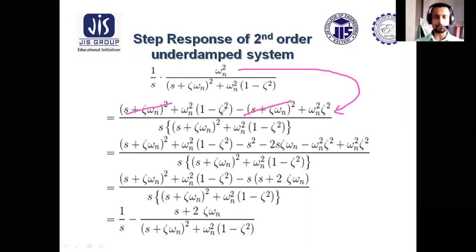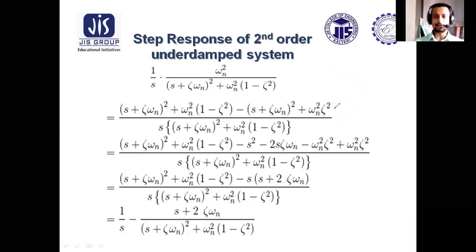So as this is taken, minus of this has to be taken. Now if you add these two quantities, omega n square minus zeta square omega n square plus zeta square omega n square, the zeta square omega n square will be cancelled.